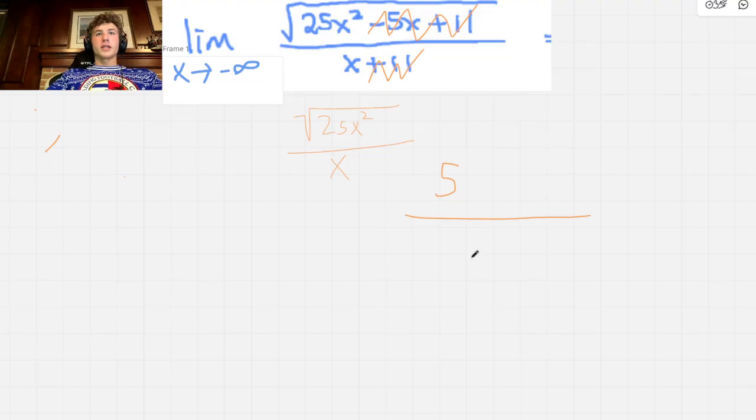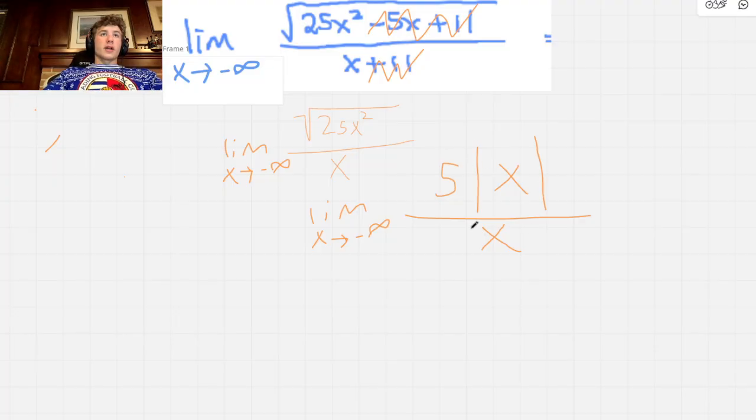Then the little bit different part is that this root of x squared is equal to the absolute value of x. And I forgot to write the limit part here. That is important. And the limit part here as well. Okay, and once you get this part, same thing with the bottom part here, we can just make that x.